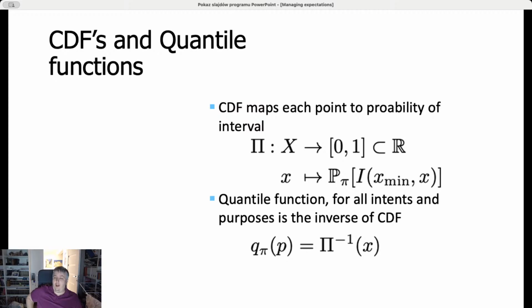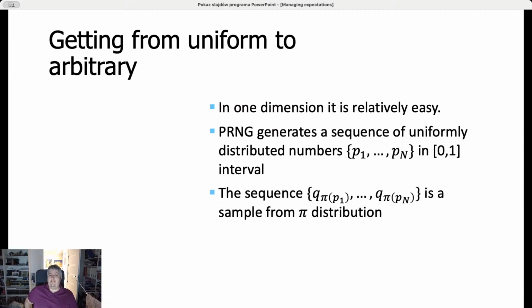So it is a function that takes a number between 0 and 1 and assigns it a value of X from the probability space. That actually is a very good option when we want to go from uniform random numbers into a given probability distribution, at least in one dimension.